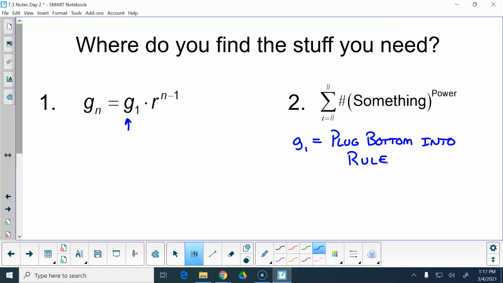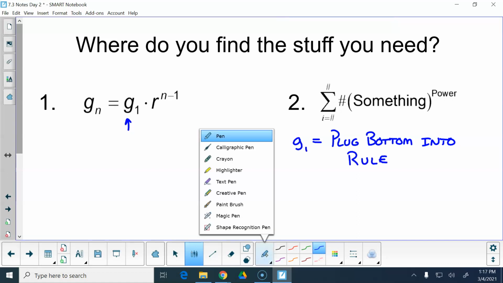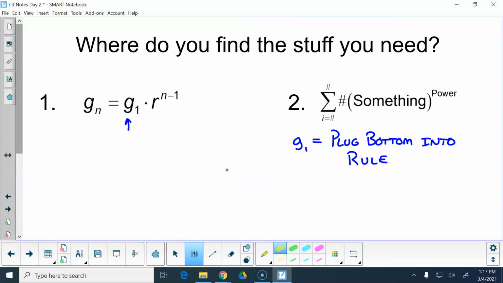And remember that in sigma notation, what comes after the sigma, that's the rule. So that's where we find the first term.